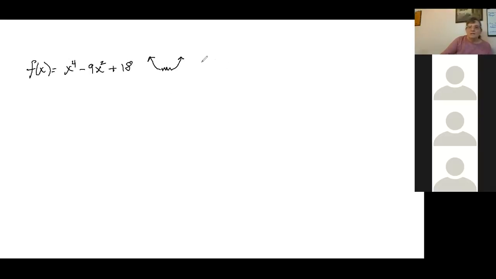This can have up to 3 turnaround points. The turnaround points are where you have maximum and minimum values. So they may be calling them extrema or something like that. That's your max and min points.